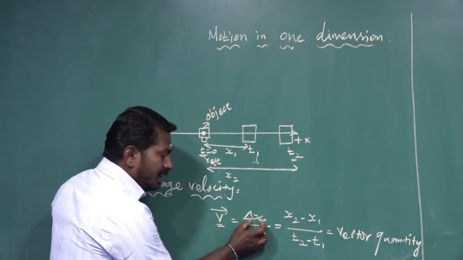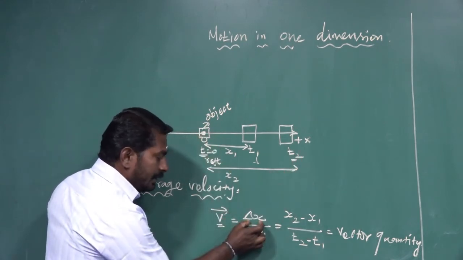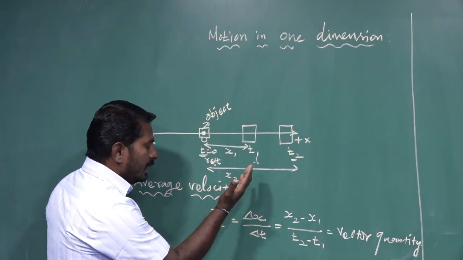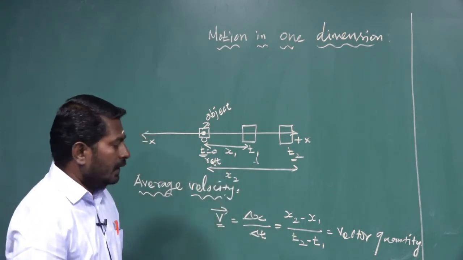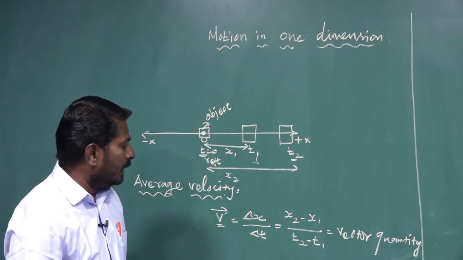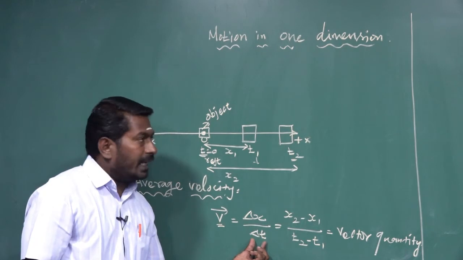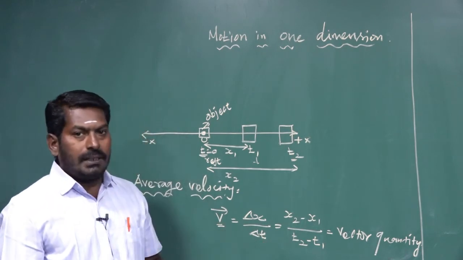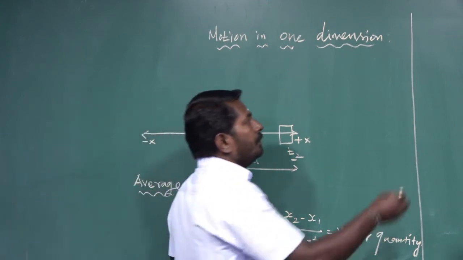If the change in displacement is positive, the body moves towards the positive x-axis. The change in displacement is negative if your body travels in the opposite direction. It is called average velocity. So average velocity is a vector quantity, which can be calculated with the expression change in displacement divided by change in time interval. Next we are going to see another small topic, instantaneous velocity.